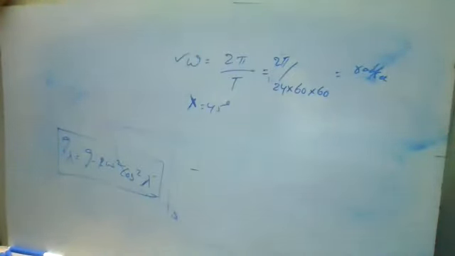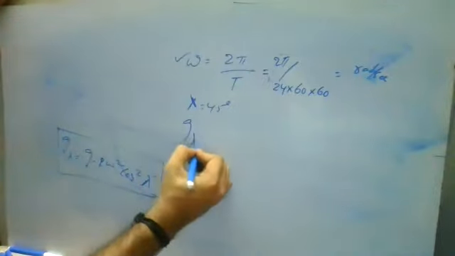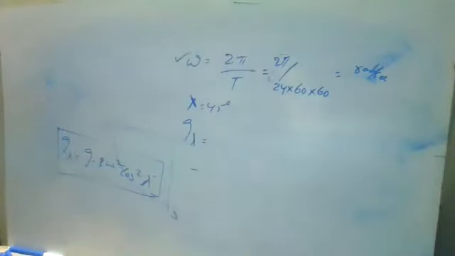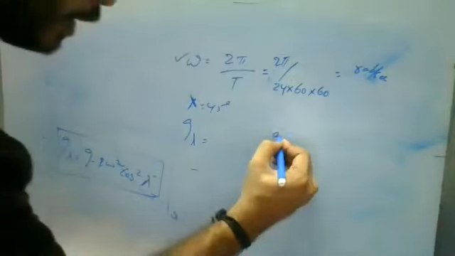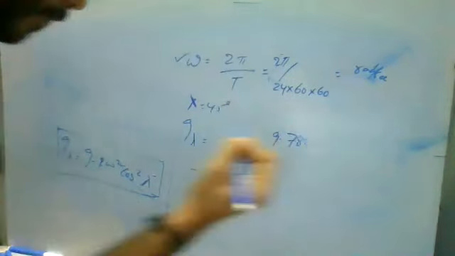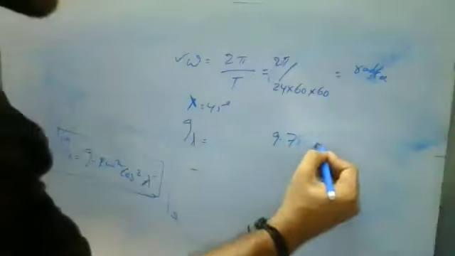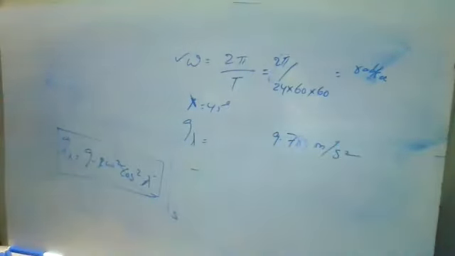And we need to find G lambda. From this relation, G lambda is equal to G minus r omega square cos square lambda. Answer is 9.783 meter per second square.